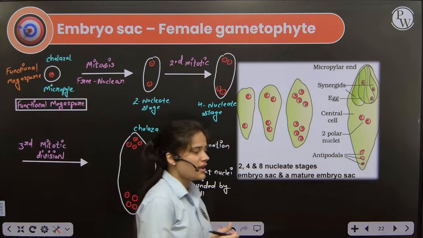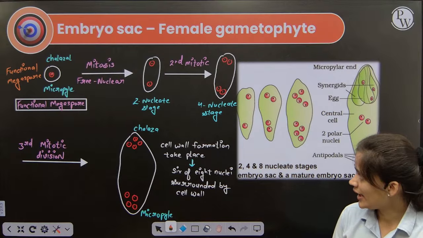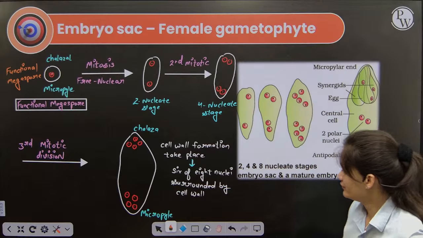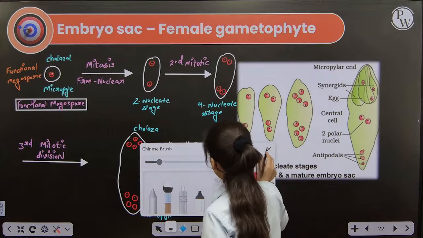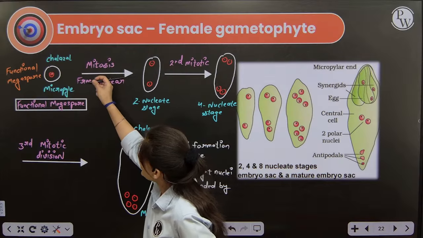That means karyokinesis is not followed by cytokinesis immediately.